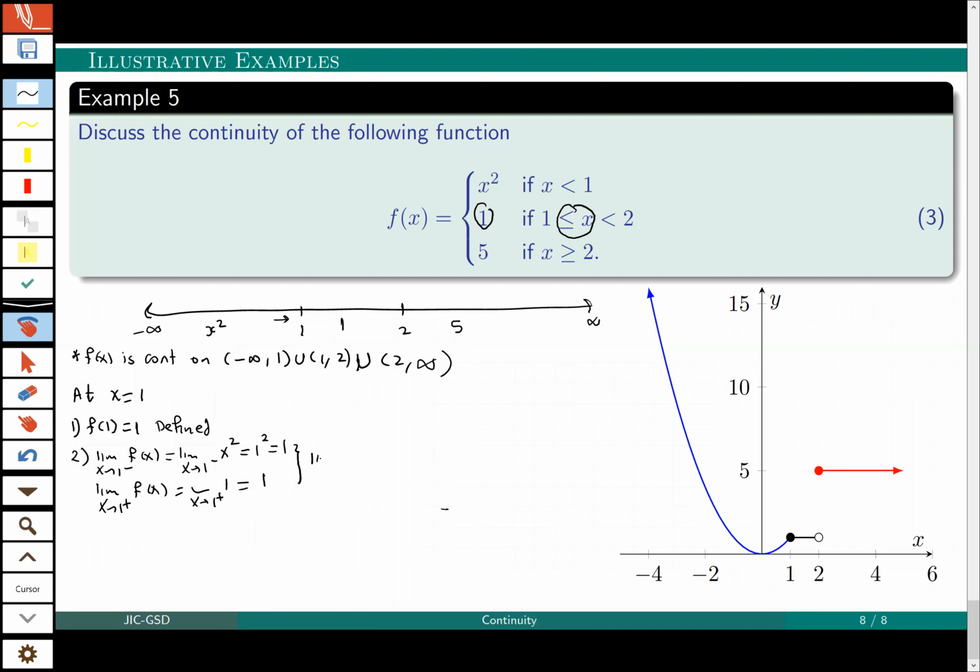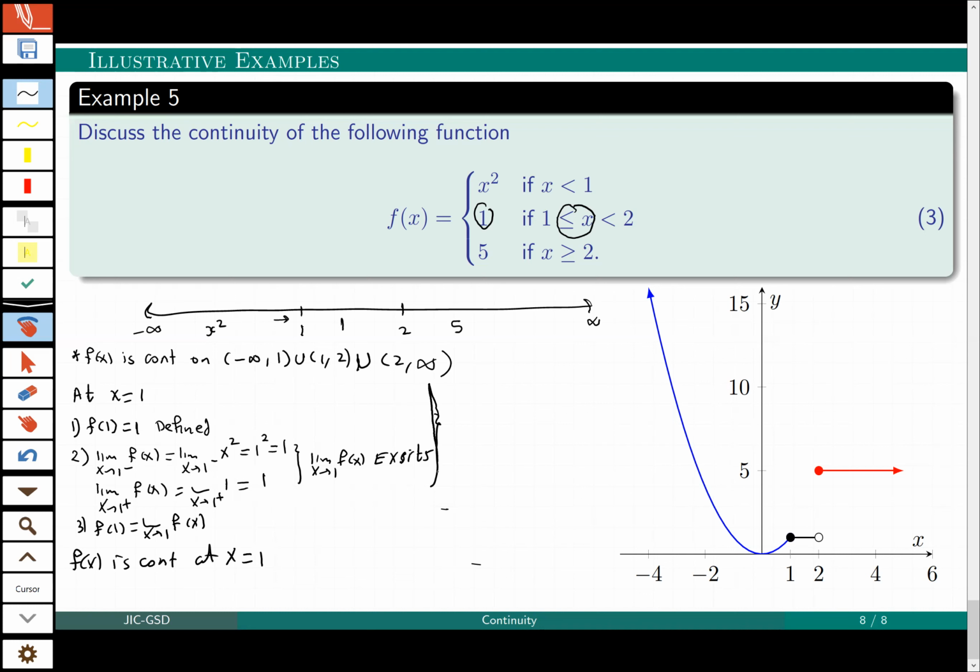So this means limit when x goes to 1 for the function f of x exists because they are equal. Now, of course, the third condition is also satisfied, f at 1 equals the limit when x goes to 1 for the function. So since we satisfy the 3 conditions, we could say f of x is continuous at x equal to 1.